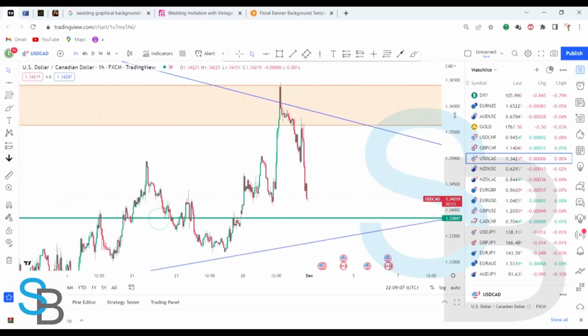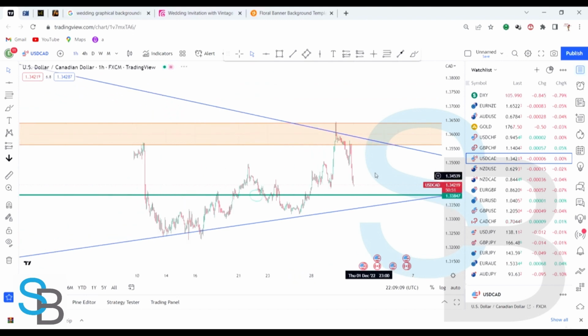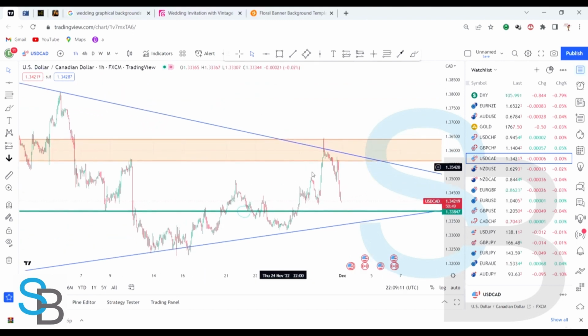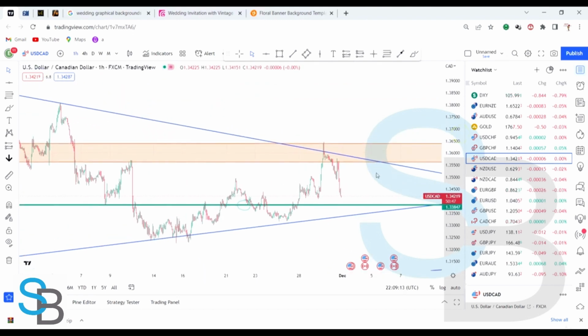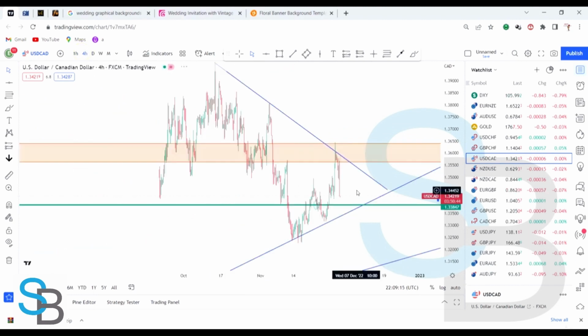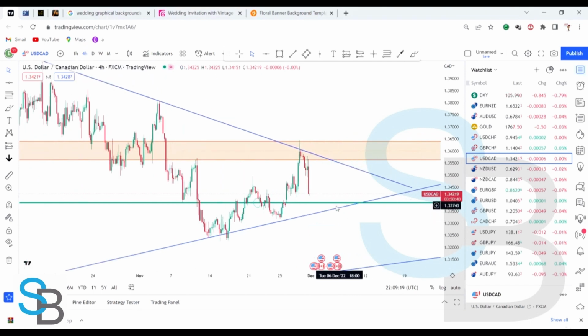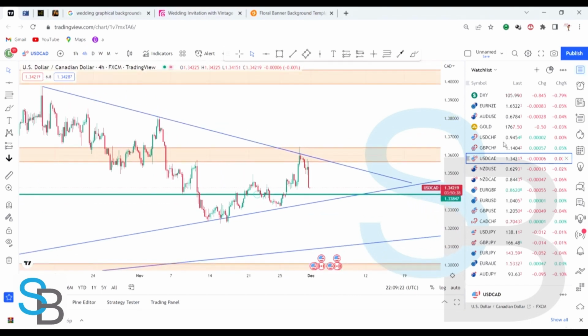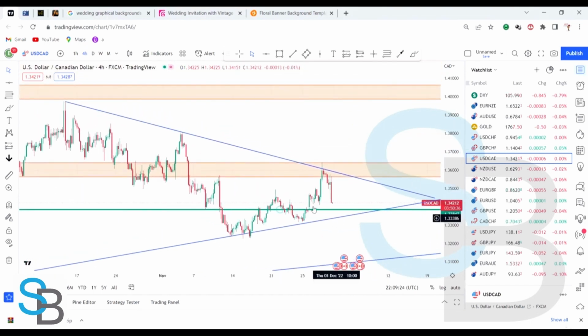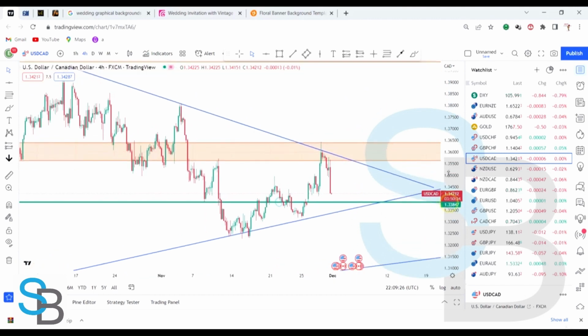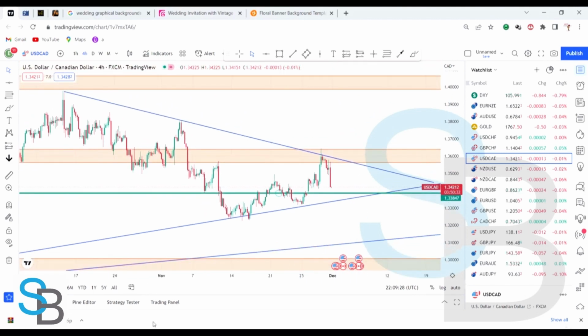We can see that it kept selling, and what I want. Okay, sorry. It wasn't USD CAD I was looking at when I made that analysis, but I'm going to come to USD CAD later on.